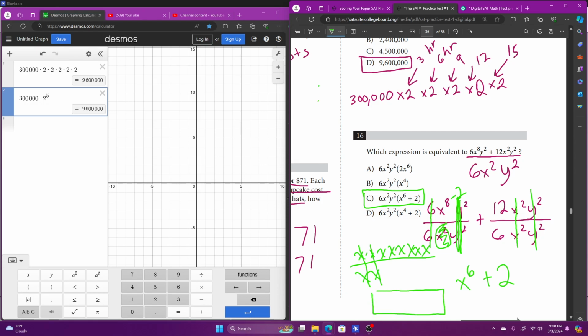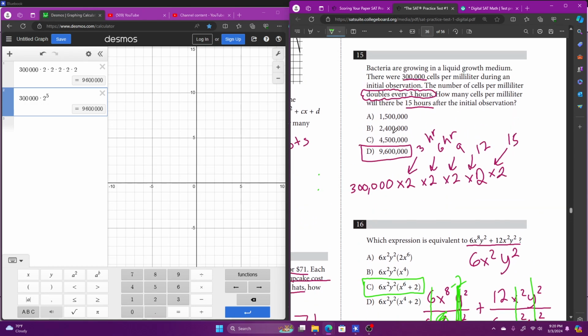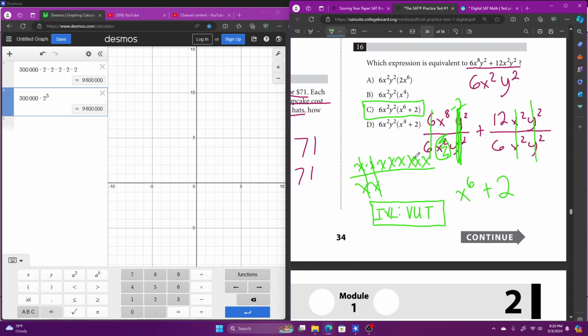For this type of question where you're dividing polynomials, the lesson on IXL would be 72C.